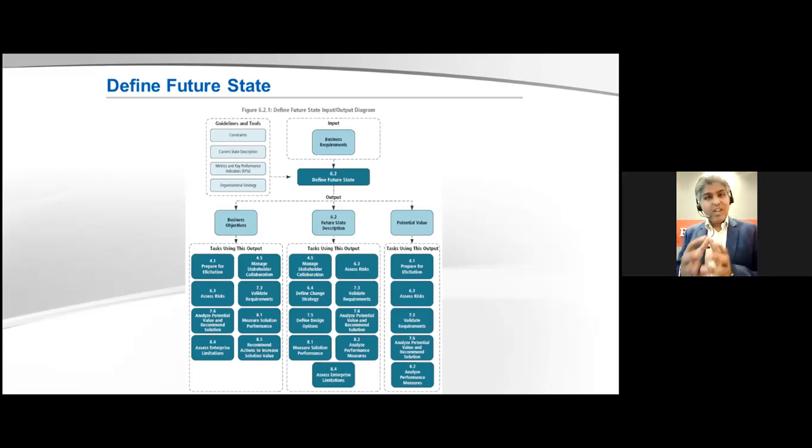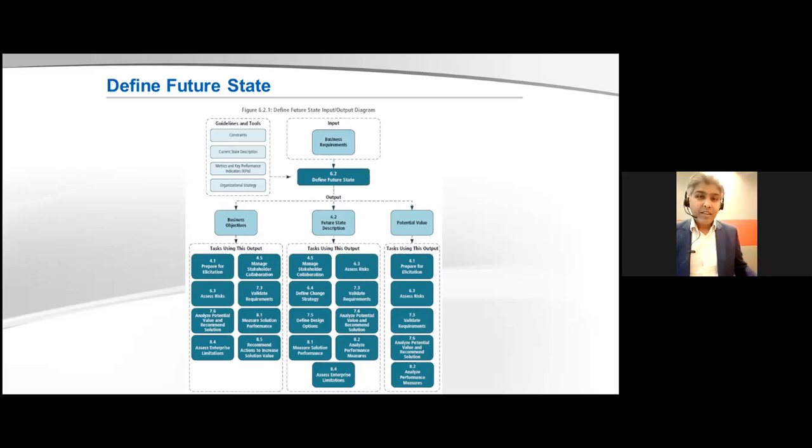So the stakeholder solution could be a 100% automated solution, where we don't use any Excel sheets and all this stuff. If we go for this solution, that's a future state. What is needed for that future state is called the future state analysis, or defining the future state, where we will be.